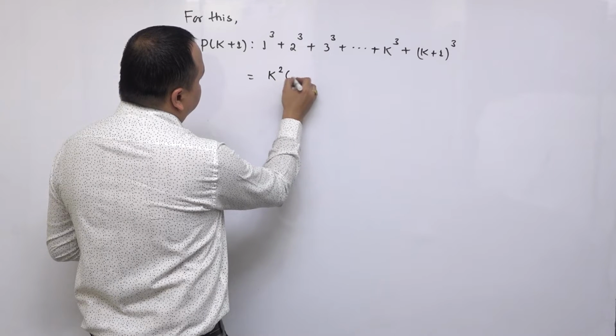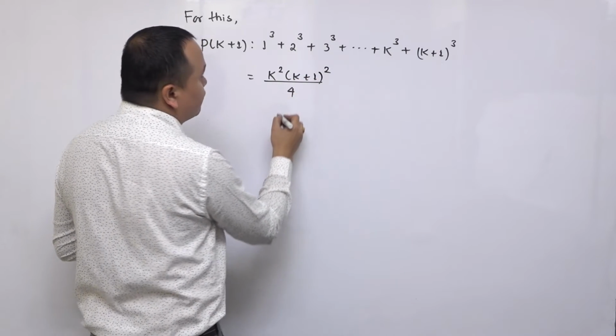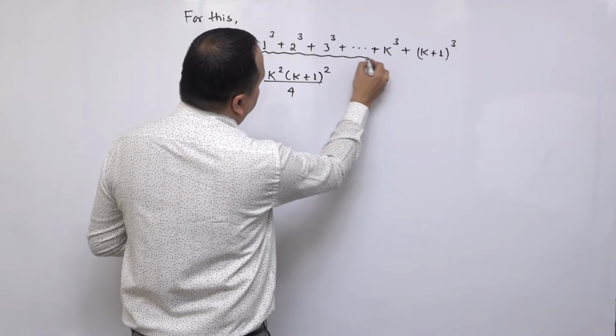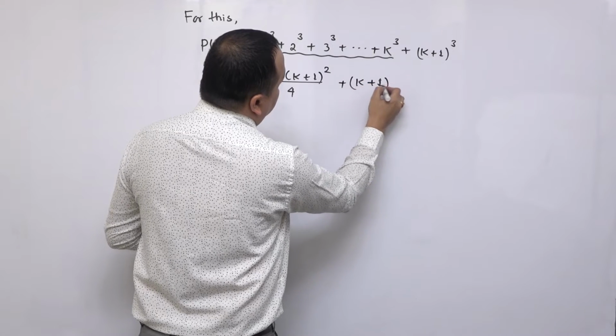So k square times k plus 1 whole square divided by 4, plus k plus 1 whole cube.